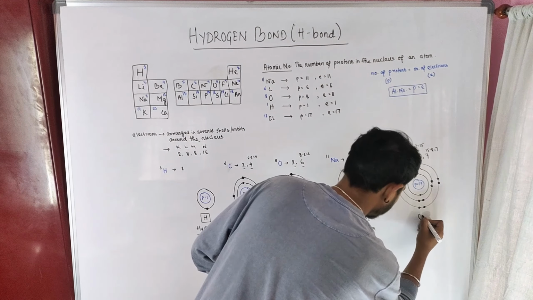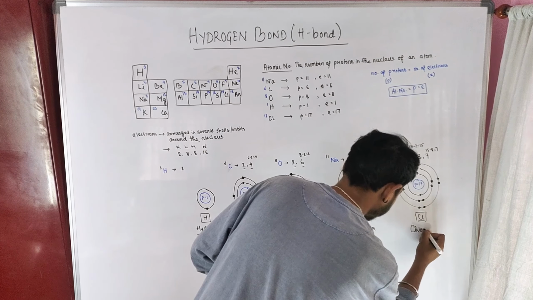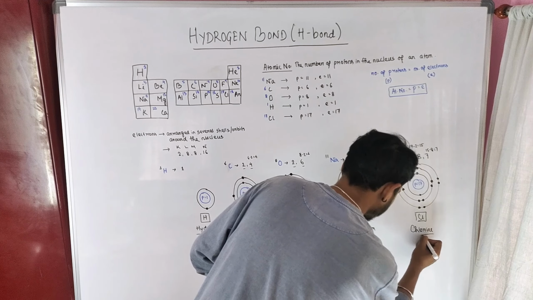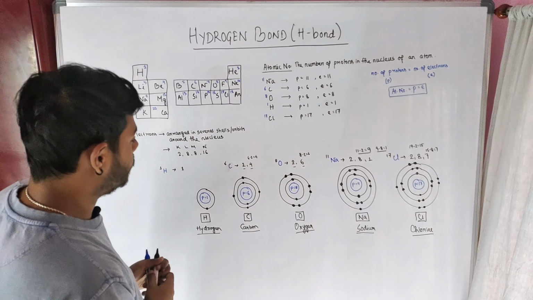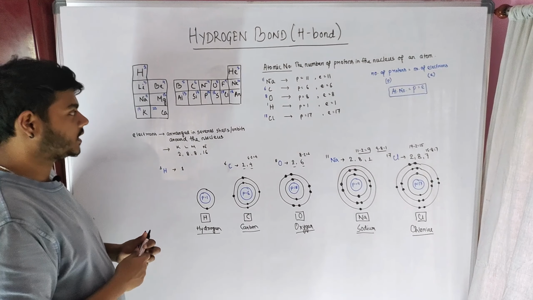So this is chlorine. So this is the basic way we draw atomic structures.